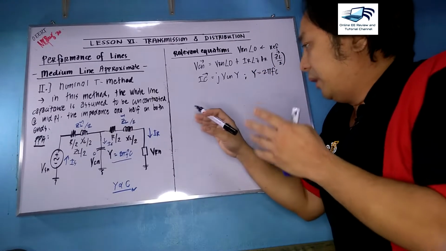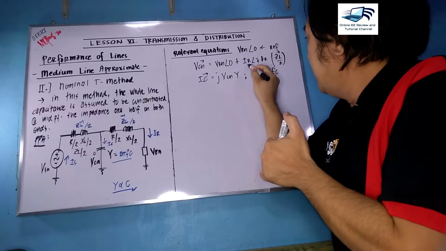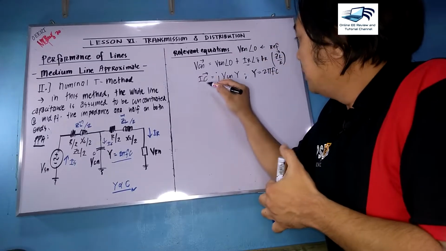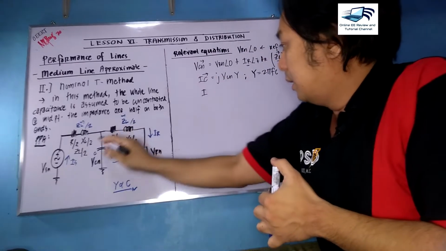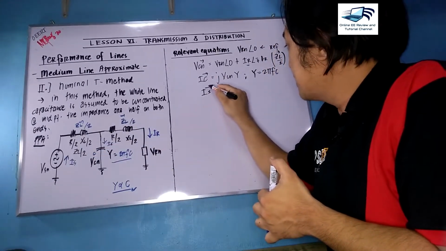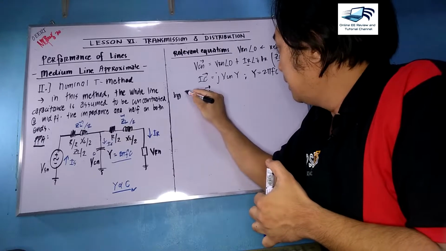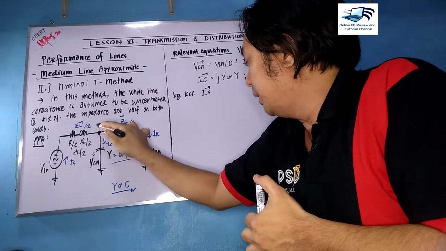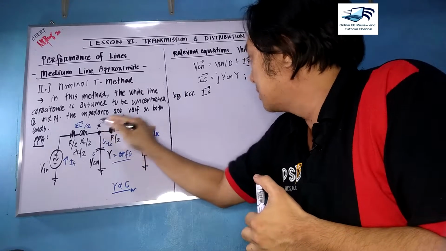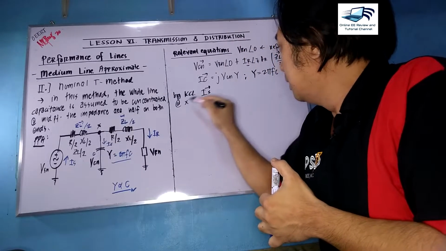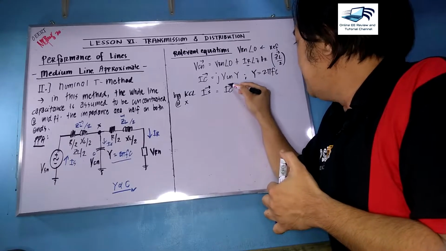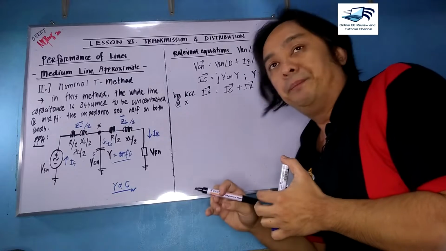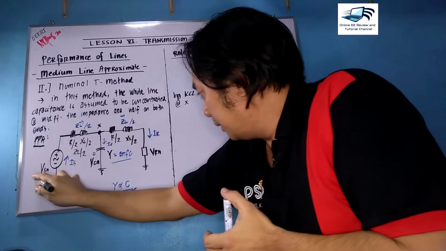Now if you already get IC and IR is already defined from the given, you can now get your IS. So IS by KCL, at this topmost point or node, I could say node X, your IS is simply equal to IC plus whatever your IR is.